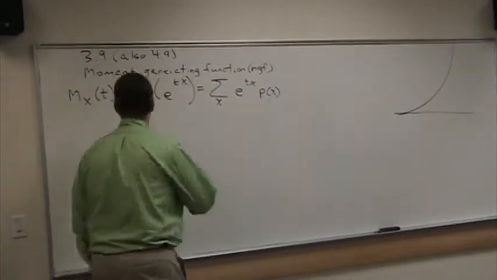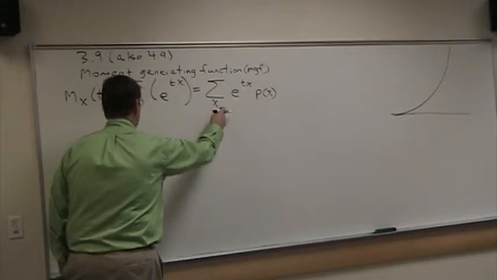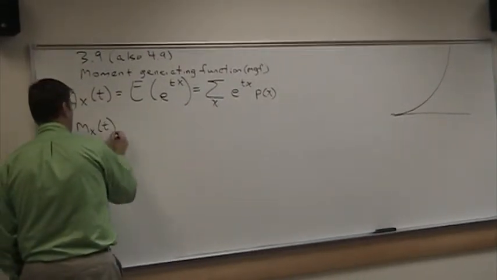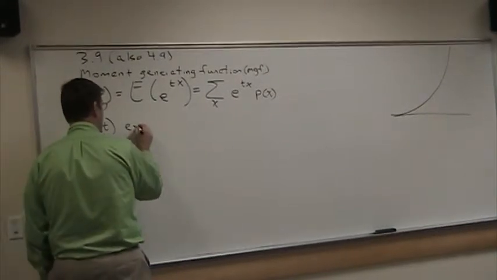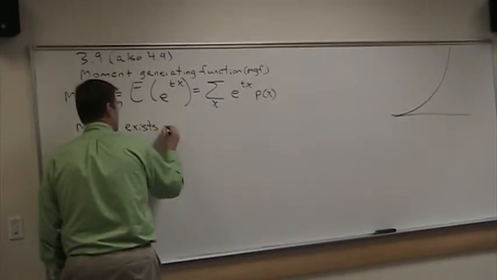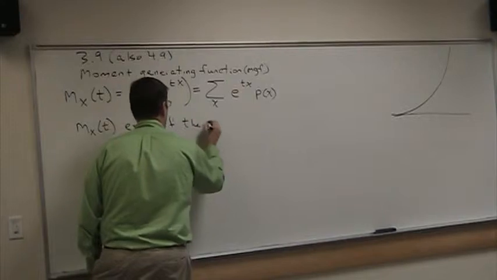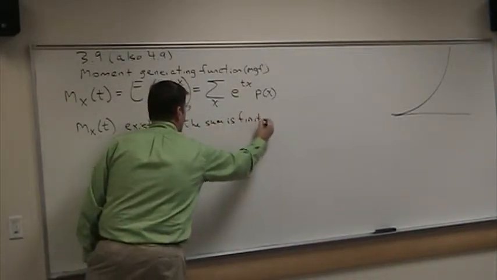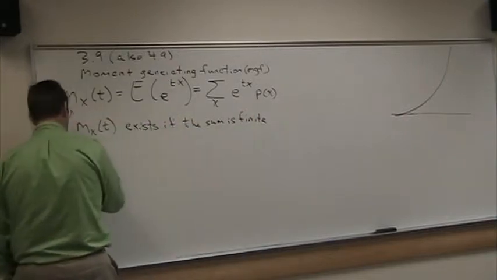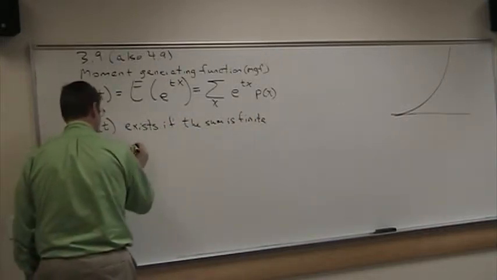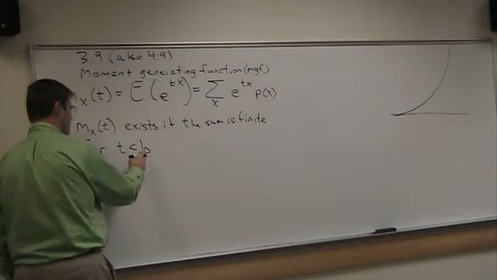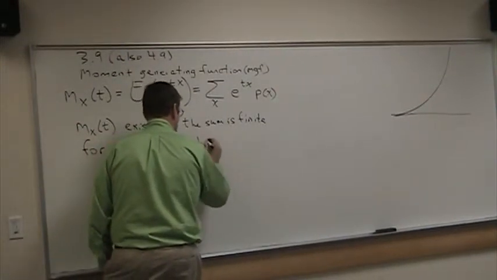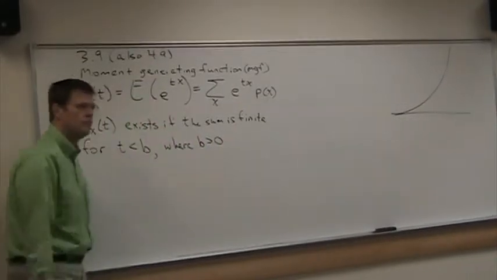So what we say here is that M_X(t) exists if the sum is finite for t less than some value b, where b is greater than 0.